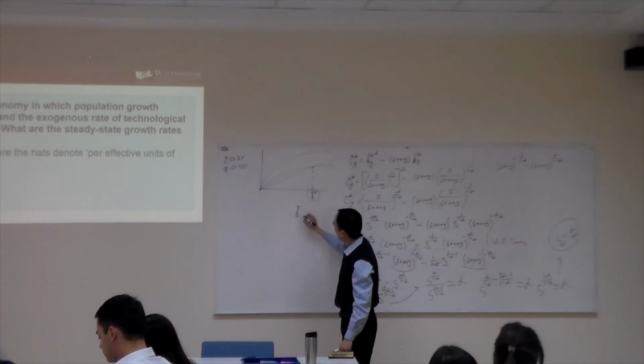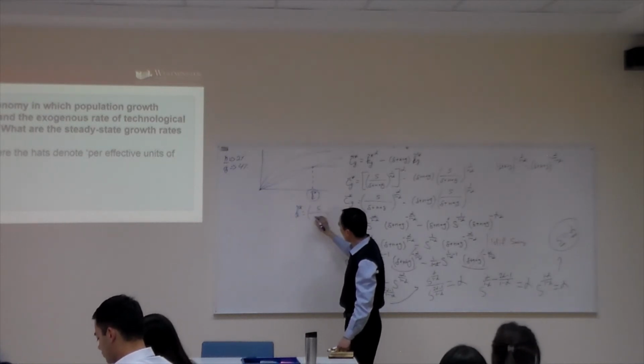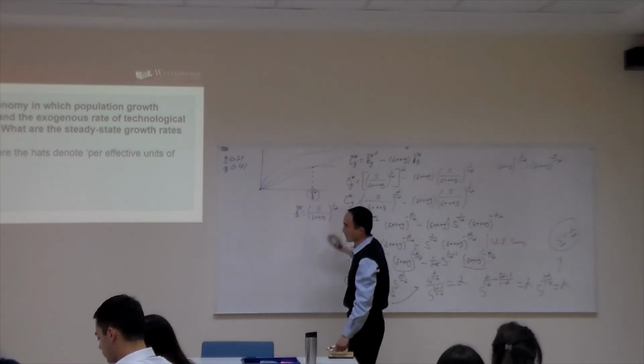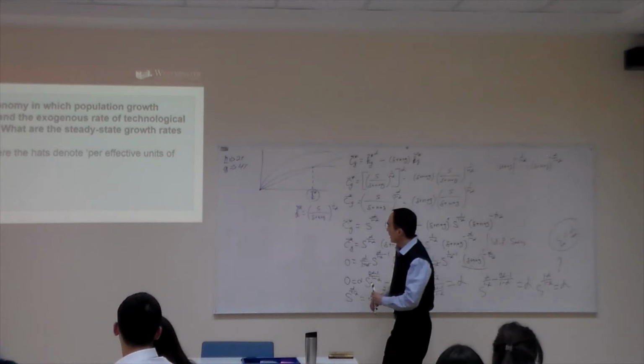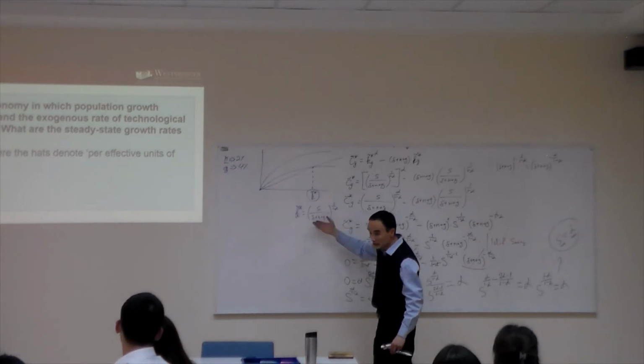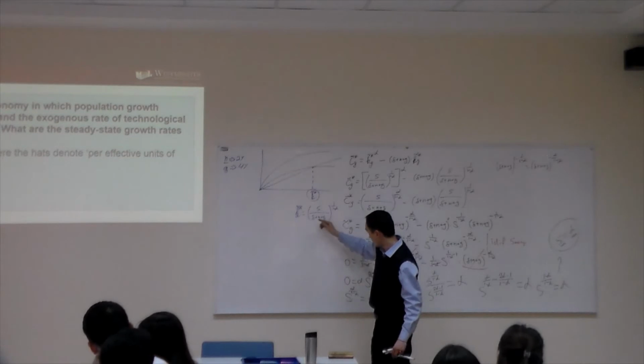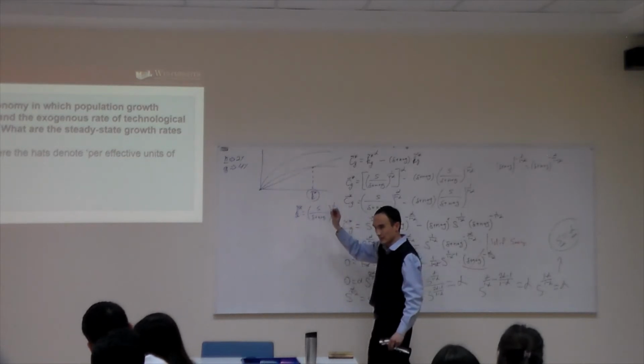Our capital per effective labor in steady state was equal to saving rate over delta plus n plus g, in the power of 1 over 1 minus alpha, right? g is given, n is given, delta is given. It's exogenous. There isn't anything changing. It will be the same.